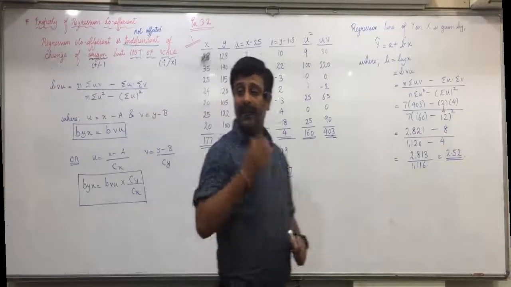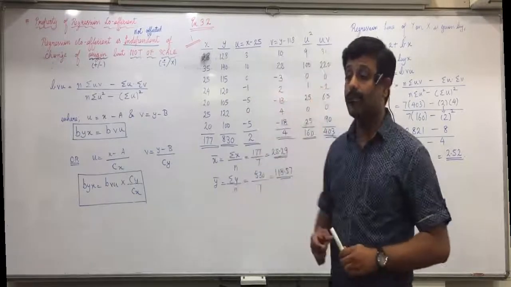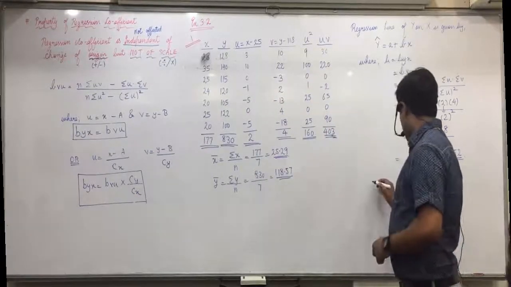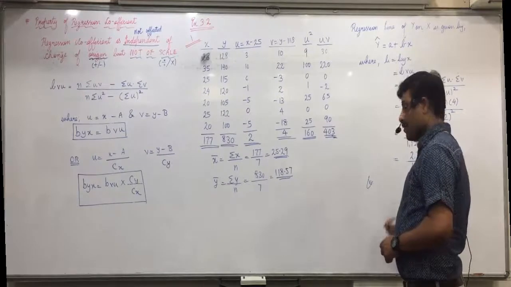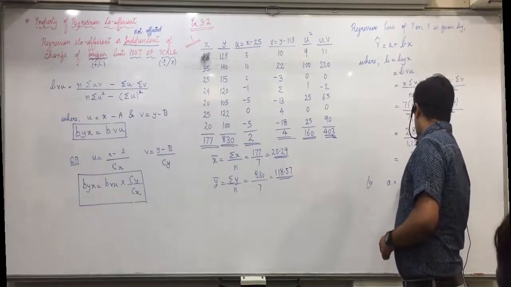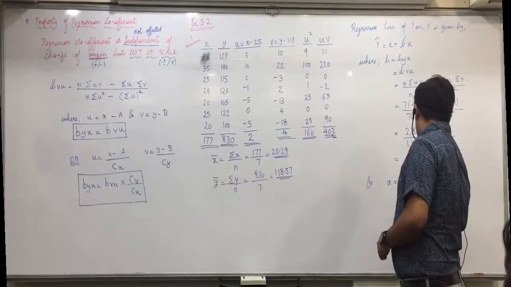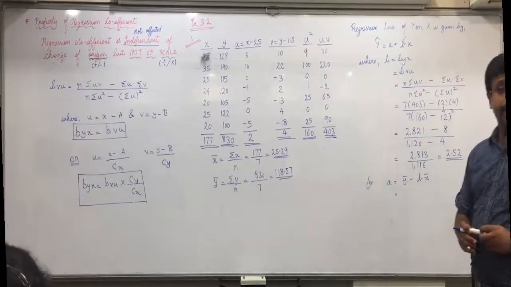And further after that, Amrita? Regression line and a is equal to y bar minus b x bar. Yes, further.